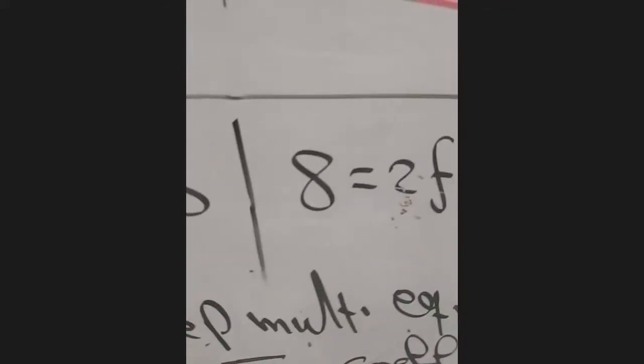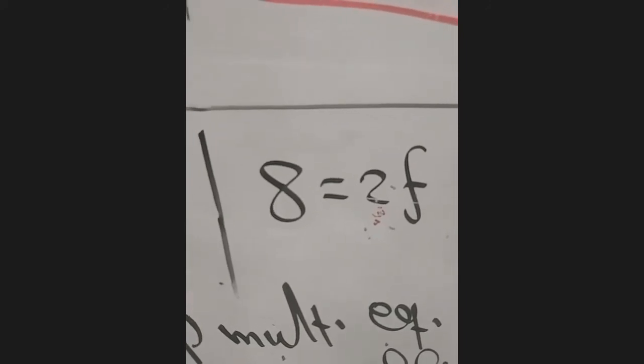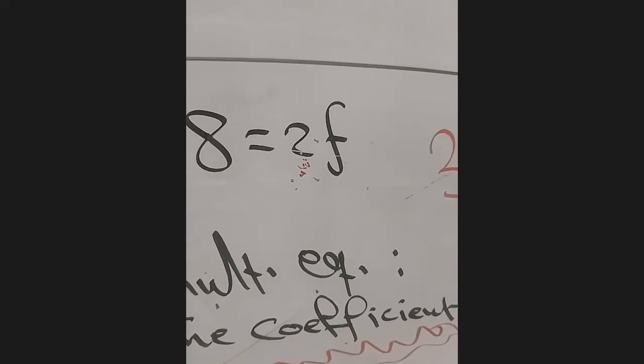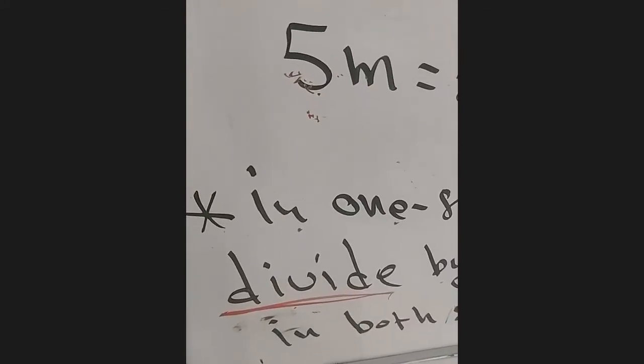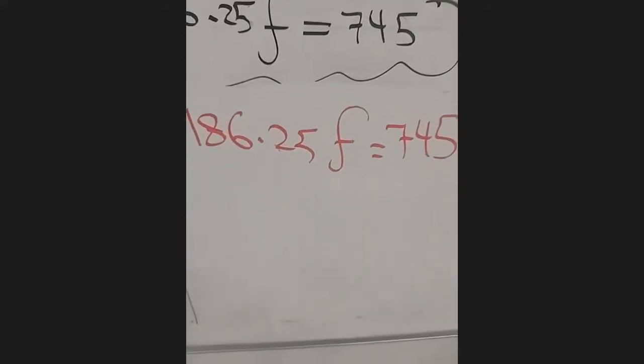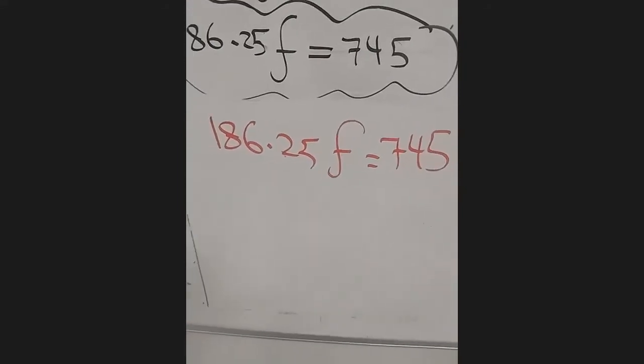Okay, read here. Yalla, read with me. In one step, multiply equation, divide by the coefficient on both sides. Where is the coefficient here? 186.25. So what will we do? Tell me.